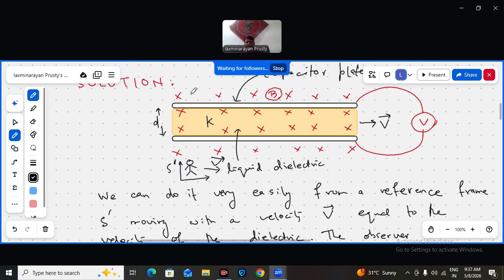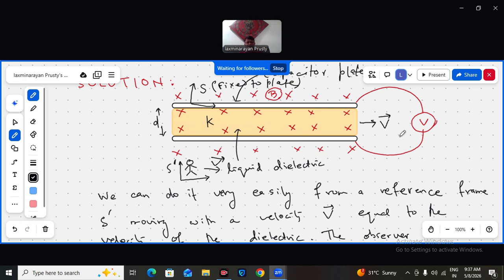S ऐसा कर देता हूं, ये है मेरा S, fixed to the plate, or that is fixed to the ground. But this S dash is moving with respect to the plate with velocity v bar, which is the same as the velocity of the liquid dielectric.